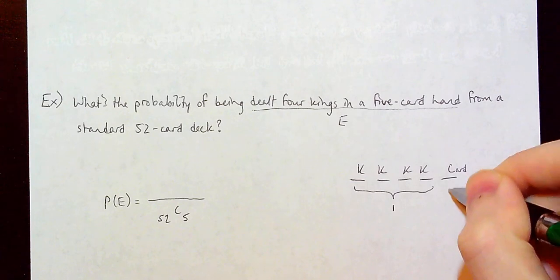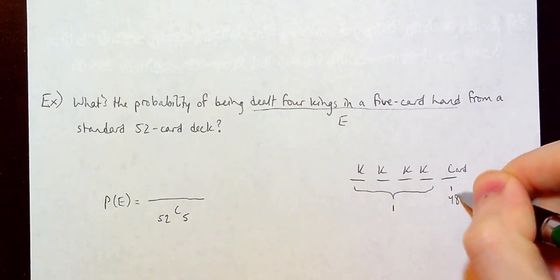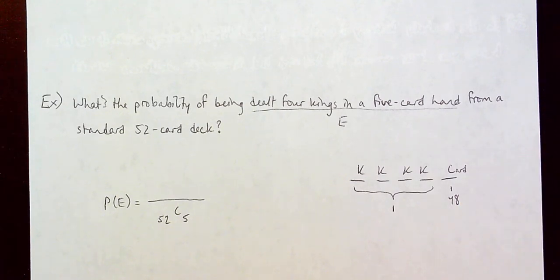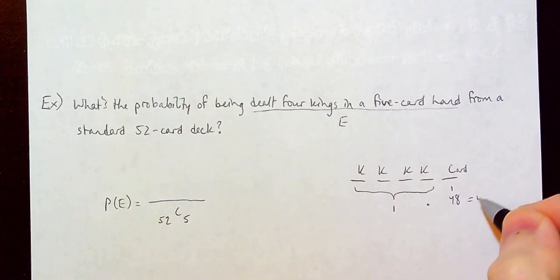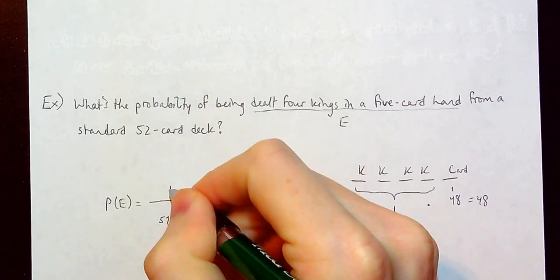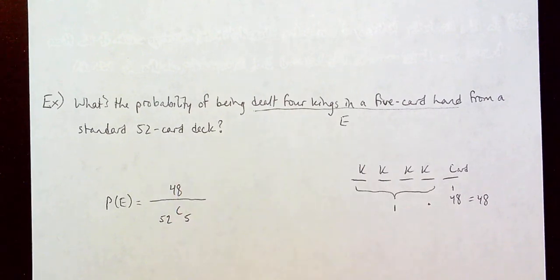So there can be 48 cards that take that spot. If I do 1 times 48, that gives me 48. So there's 48 different hands that we can have that will have 4 kings.